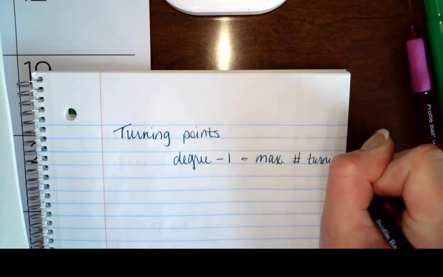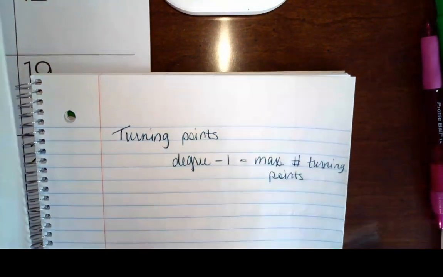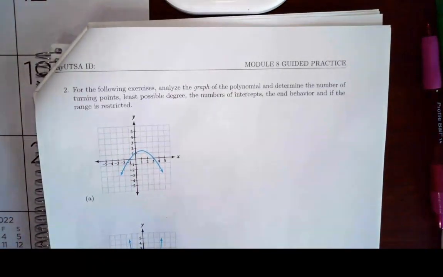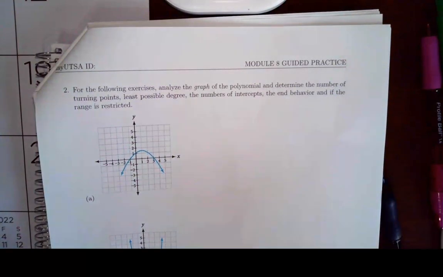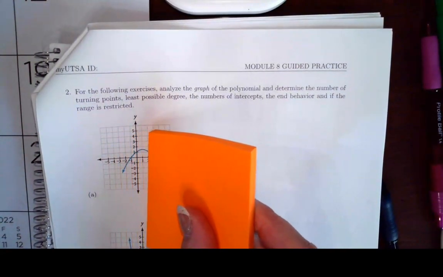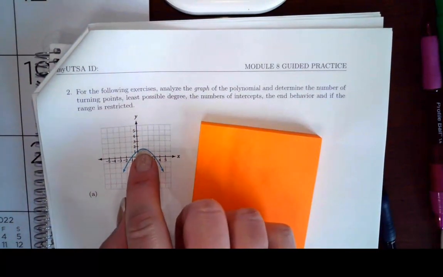So looking at the graph that we are given, we're given 3 different graphs. Looking at this first one, a turning point is where it changes direction. If I'm reading this, right now it's going up, and then it's going down. So this is a turning point.